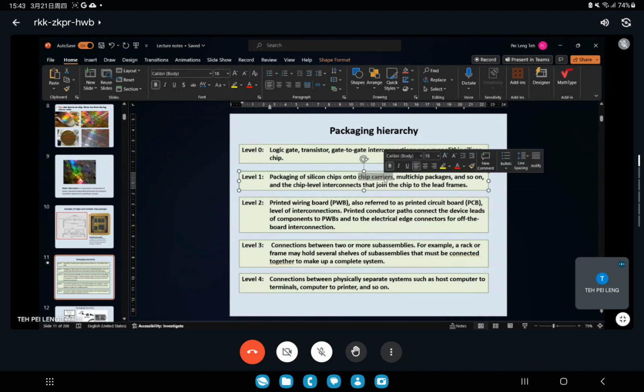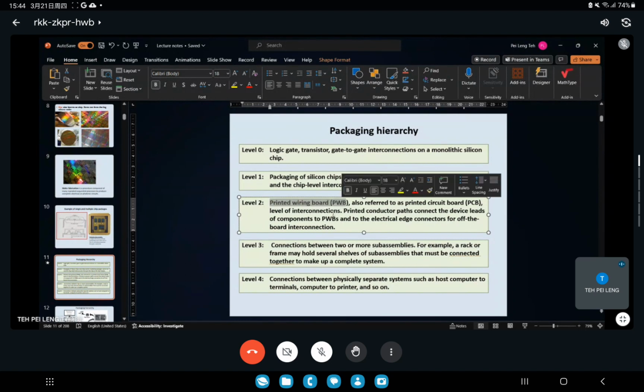This chip carrier is actually a very small board, to protect the silicon chip. When the silicon chip is attached on the chip carrier, it will then attach on this bigger board, the green color that you saw, the one that has the transistors and everything inside, so they can communicate with the neighborhood. This is that bigger board.